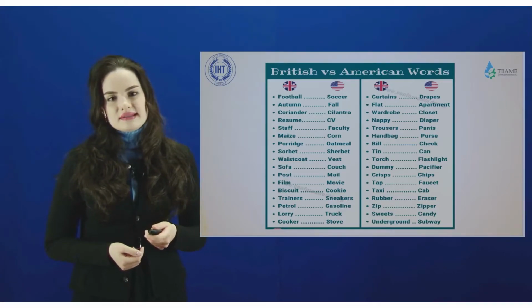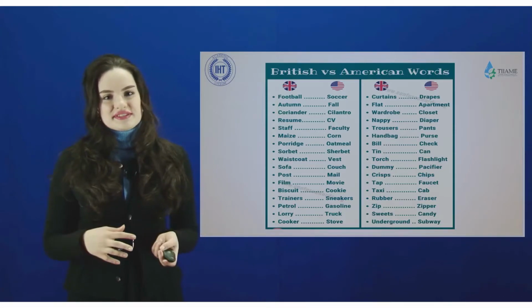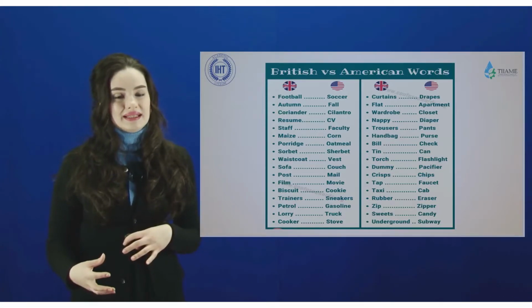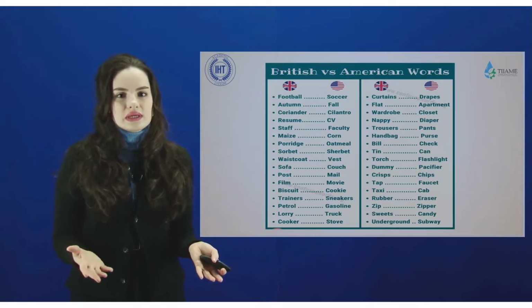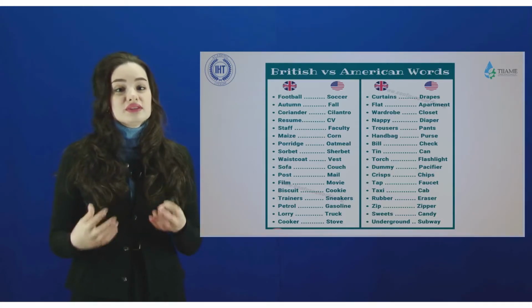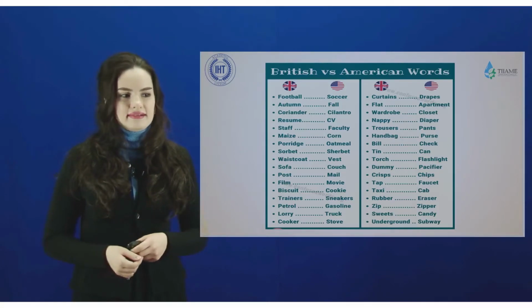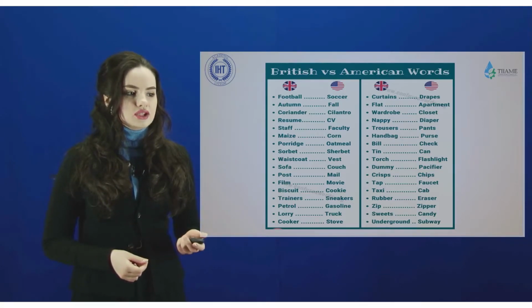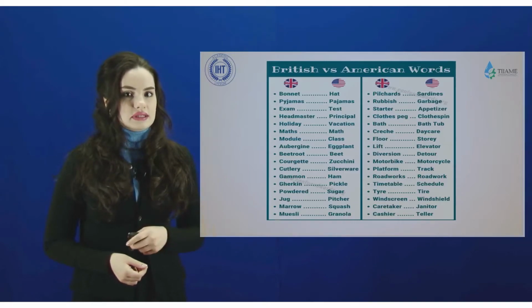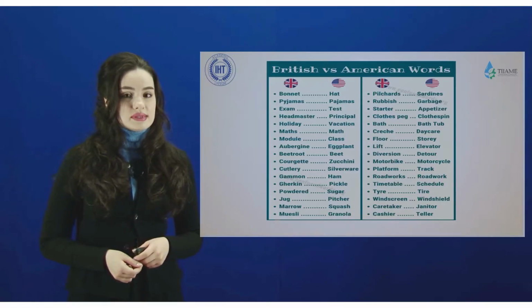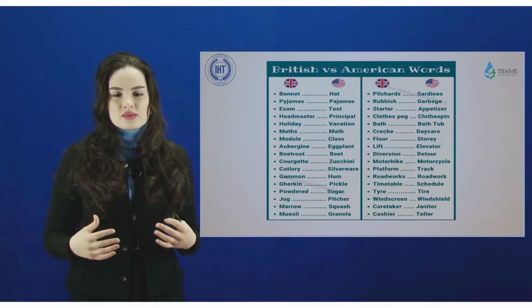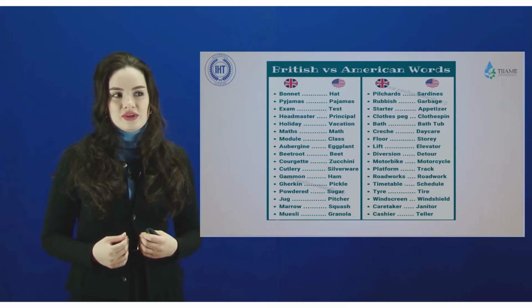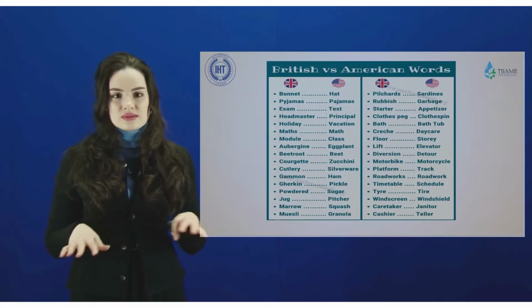Cooker, in different countries it may have different meanings. And stove is the same word with the same meaning, with the same functions, just another name. Actually, it's already the second slide with the same examples. You will ask why? Why do we have such differences between these two things?